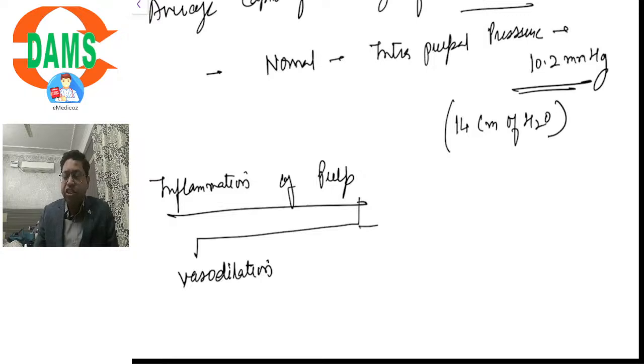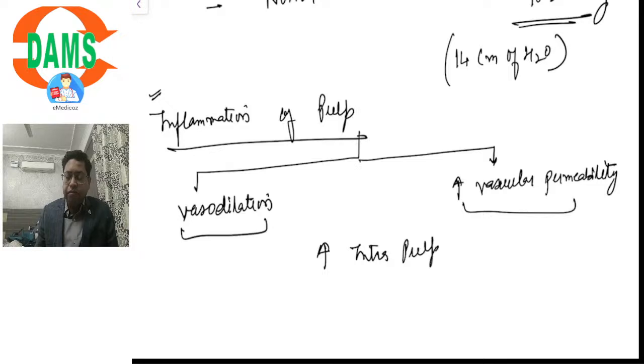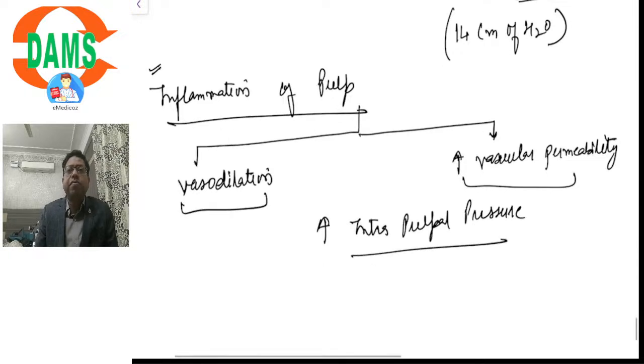So there would be vasodilation in inflamed pulp, and there would be increased vascular permeability. These two phenomena happen whenever there is inflammation of the pulp or pulpitis. And because of these two phenomena, there would be an increased amount of blood that increases the intrapulpal pressure. This would increase the intrapulpal pressure.